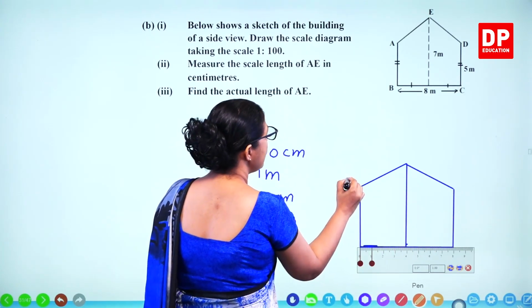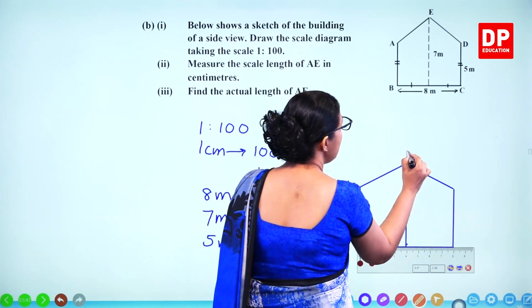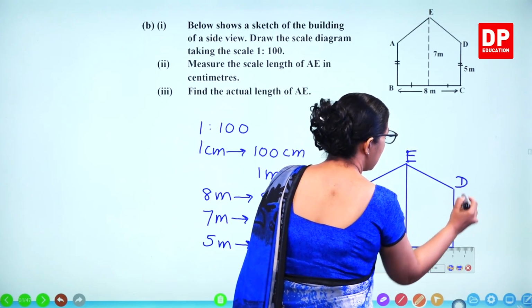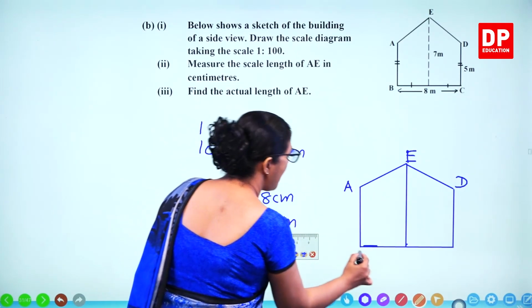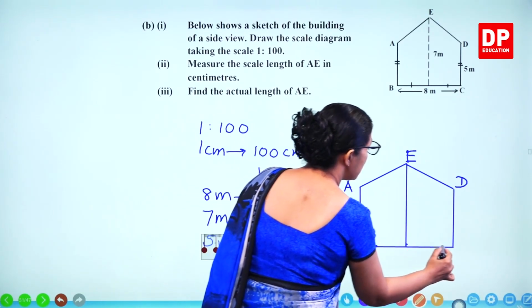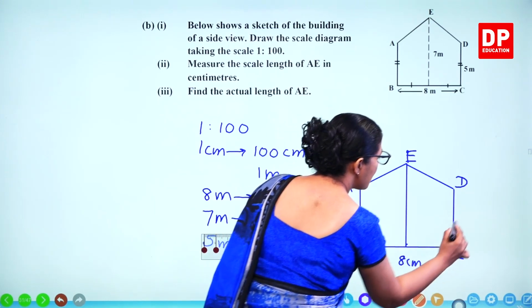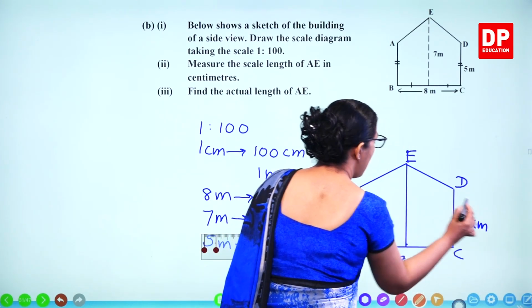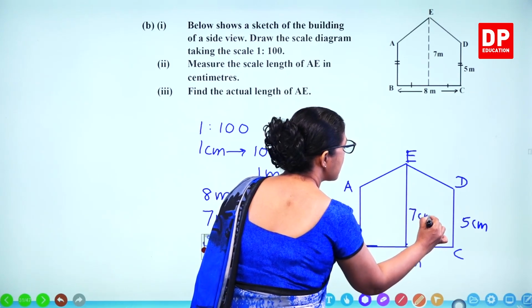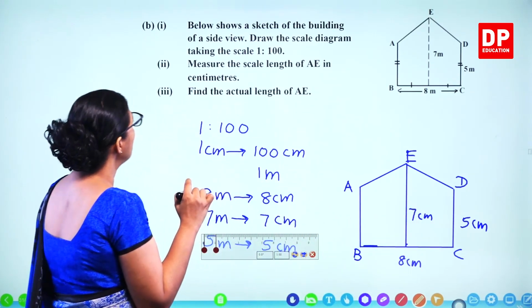So we label this is A, E, D, and then B, C. 8 centimeters, 5 centimeter we took, and this is 7 centimeters. Then what's the next step?